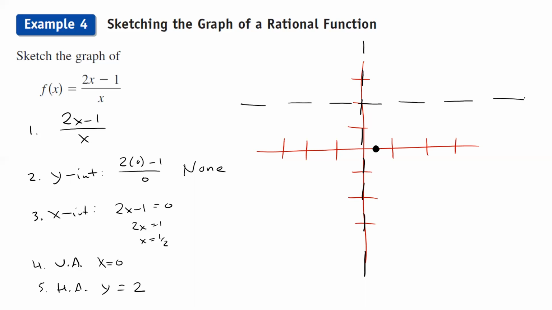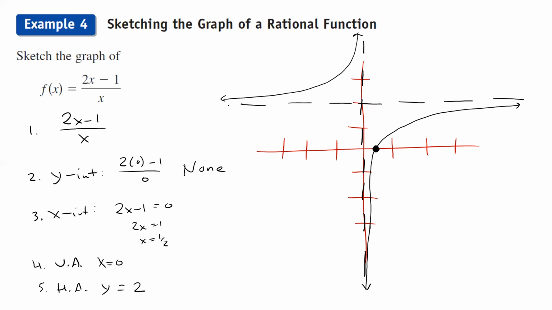Based upon my dashed lines and that little dot, can I graph my graph? We usually want to make sure our point has connected like that. Therefore, the flip side has to be going out this way from the top.